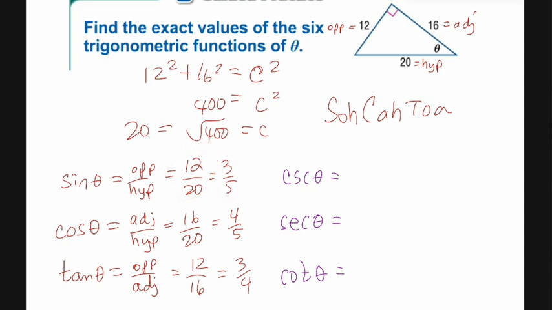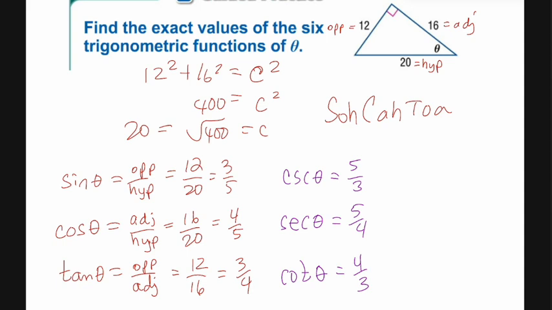So you've already done that work of reducing. My suggestion, you don't have to, but it sure makes it nicer to flip over the one that's already reduced for you. So 3 over 5, just flip it over and make it 5 over 3. 4 over 5 becomes 5 over 4. And 3 over 4 becomes 4 over 3. Again, you could have done 12 over 16 becomes 16 over 12, but what does it reduce down to? 4 over 3.